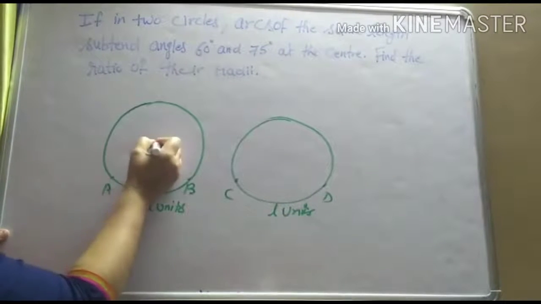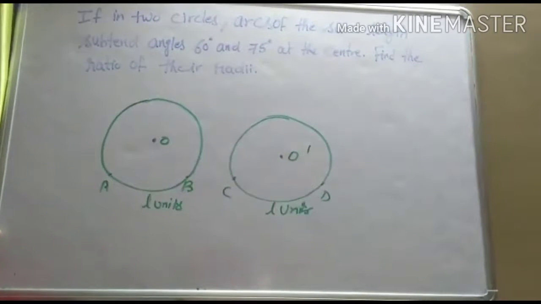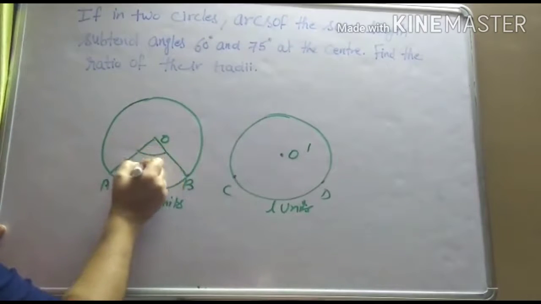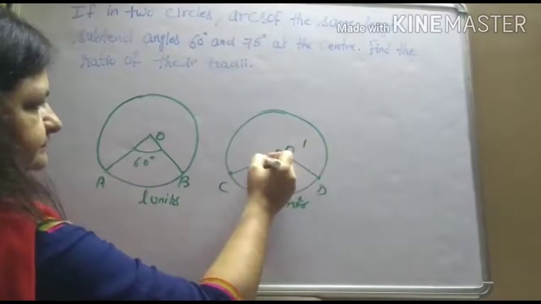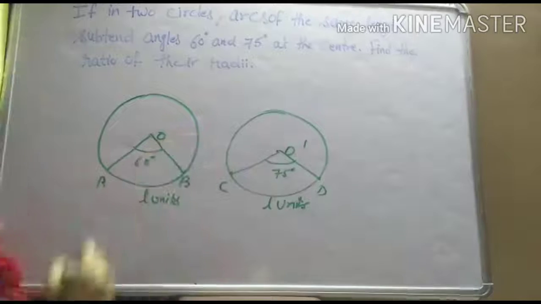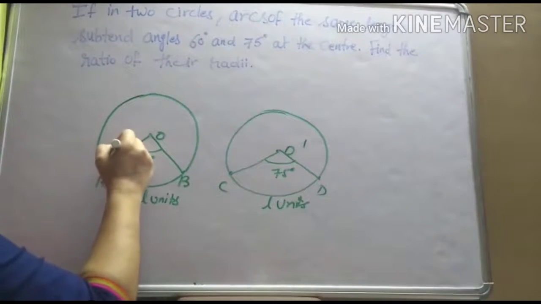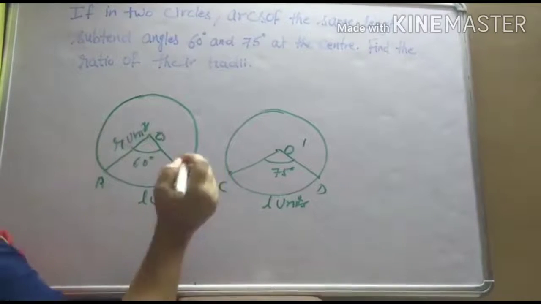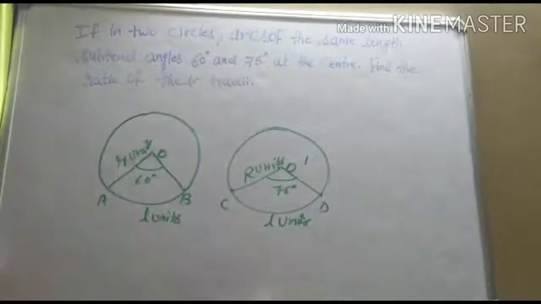Now, this is the center of the circle. O dash is the center of this circle. These subtend angles 60 degrees and 75 degrees at the center. Now we have to find the ratio of their radii. Let the radius of this circle be small r units and the radius of this circle be capital R units.